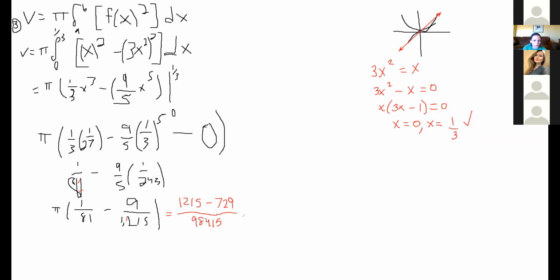According to the calculator, it comes out as 2 over 405. 2 over 405? Yeah. Times pi, obviously. Over 205? 405. 405. Thank you. Are there any questions on how I got there or anything I did?